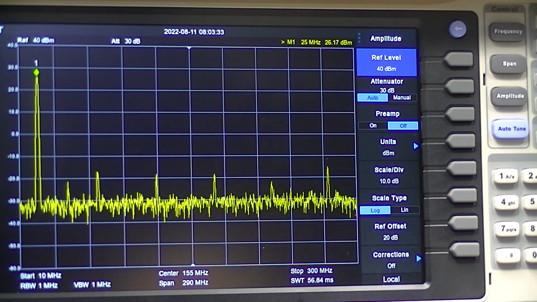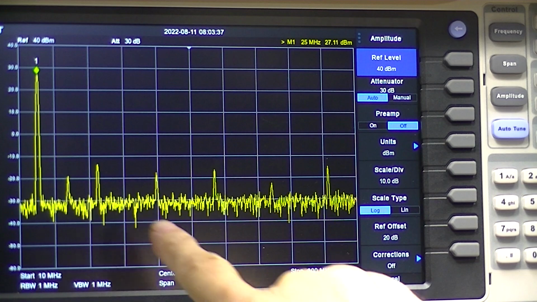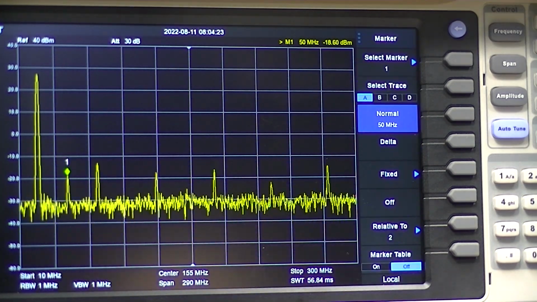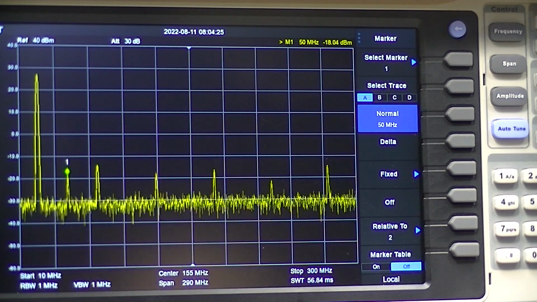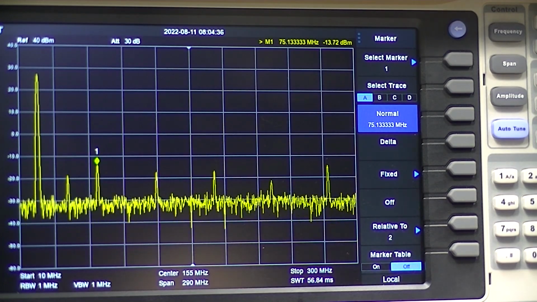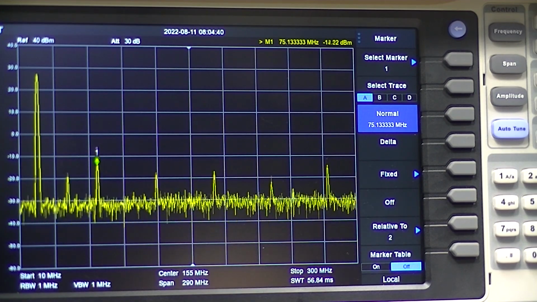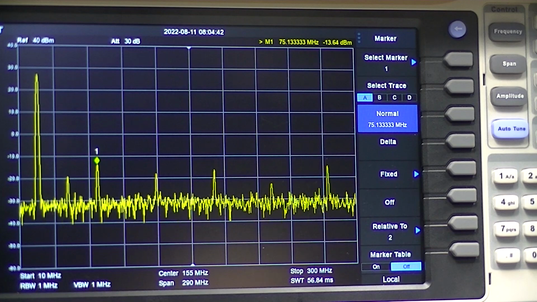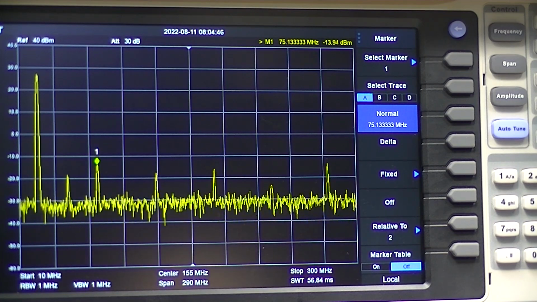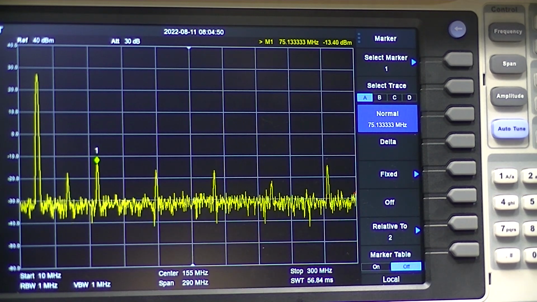If I go up the whole way to 30, see these harmonics developing? There we have a marker at 50, the second harmonic. There's the third harmonic. So I really can't get 30 dBm of output without significant harmonics.